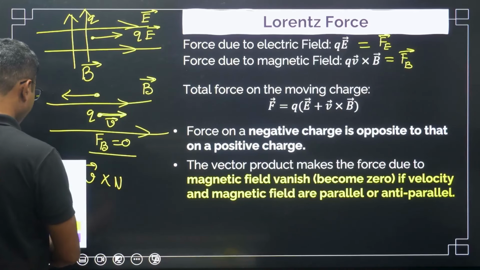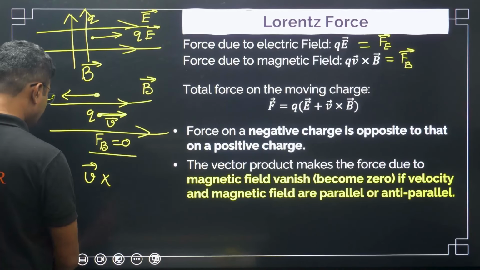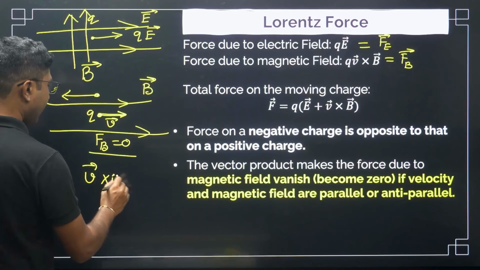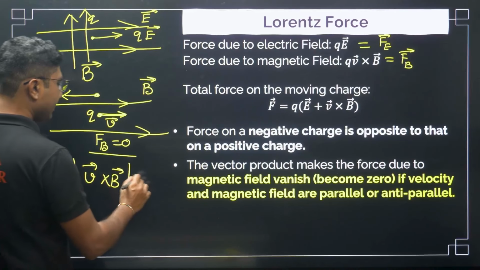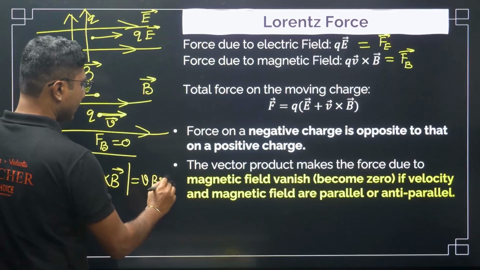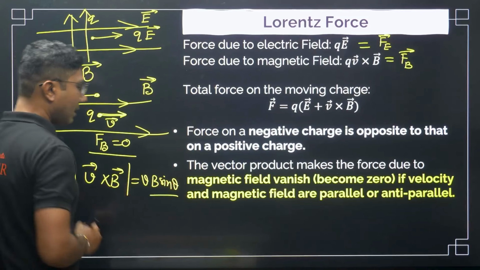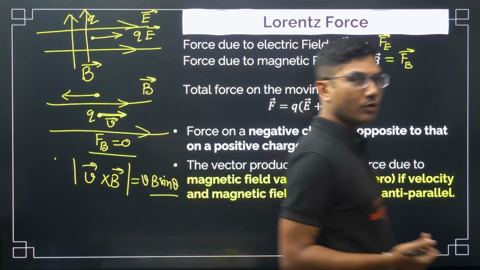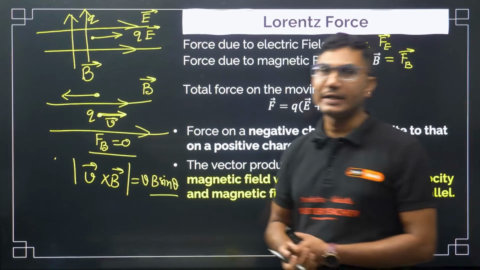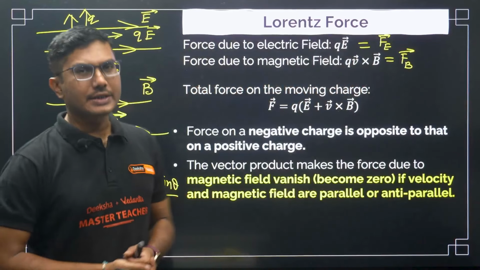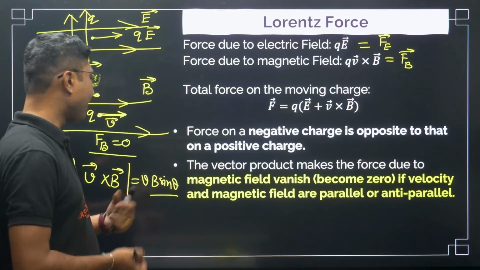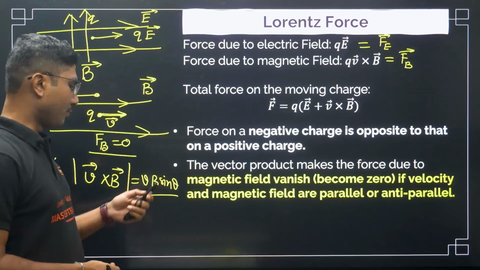The magnitude of V cross B is VB sin theta. In case of parallel, theta is 0. In case of anti-parallel, theta is 180 degrees. So in both cases sin theta is 0. That's why the magnetic force becomes 0.